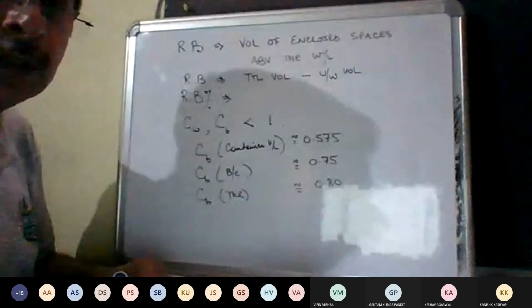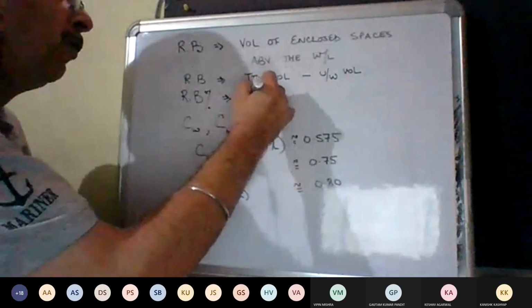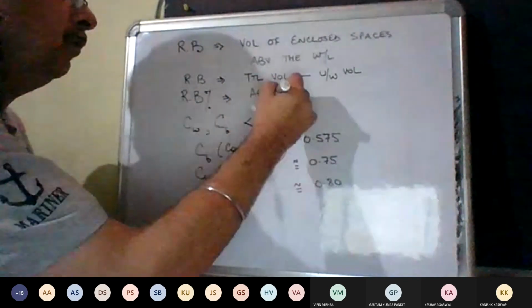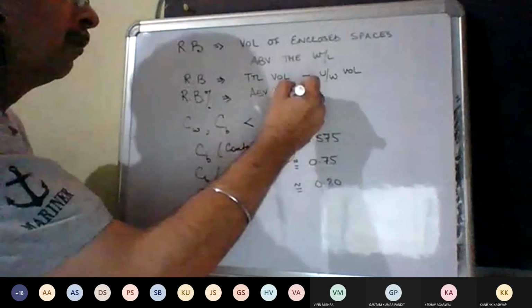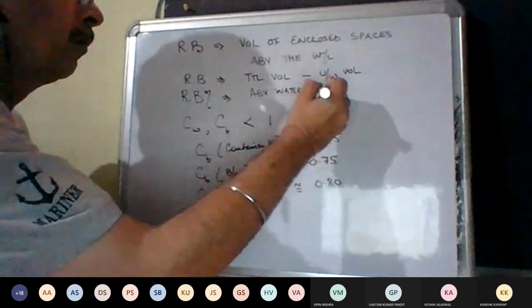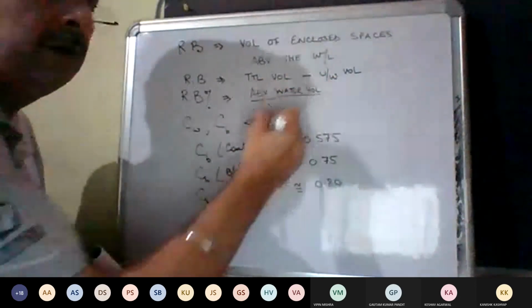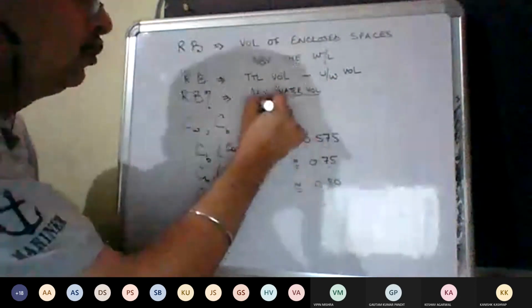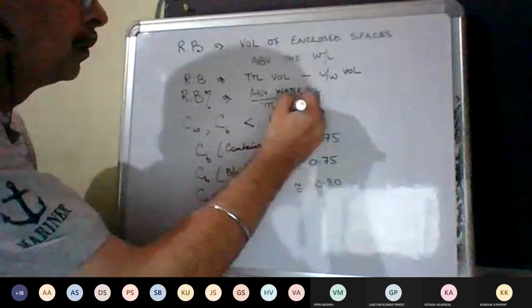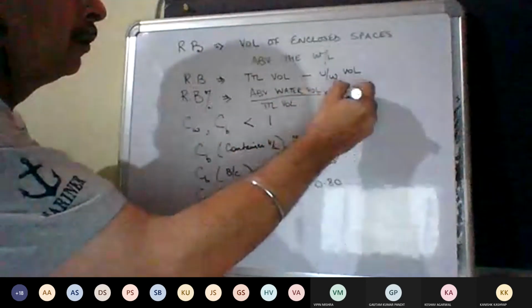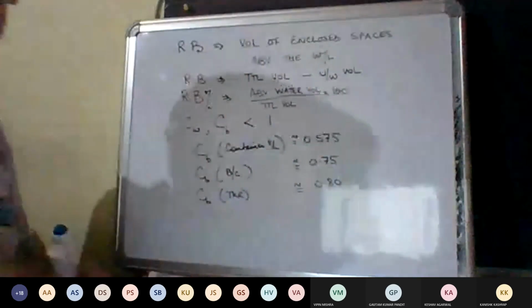That is above water volume divided by the total volume into 100.